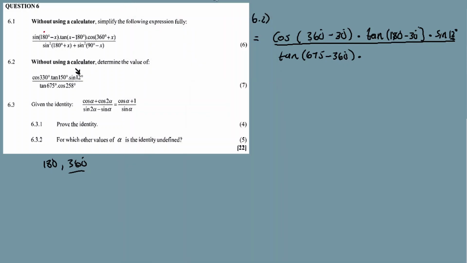Let me teach something here. We have the co-ratios, 90 minus and 90 plus. Did you know that 270 is also a co-function?